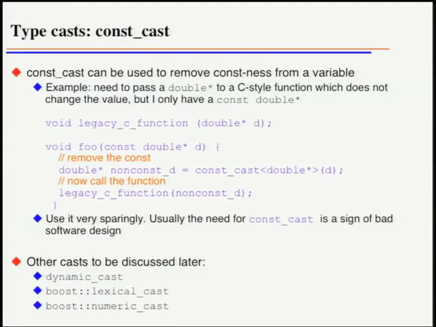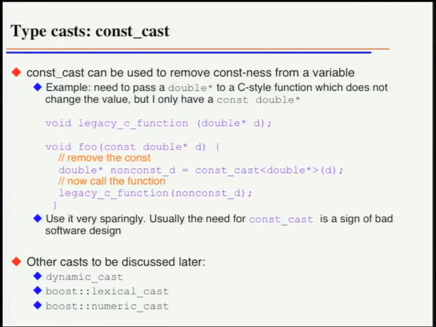There's a const cast, which can remove the const. So when I said if you pass something by a const reference, it cannot be changed, it was not quite true. The function could actually cast the constness away. That would be very, very, very bad style, so don't do that. Basically, the only reason is downwards compatibility.